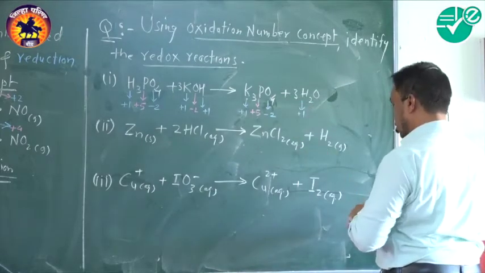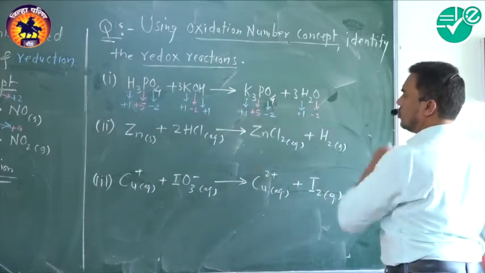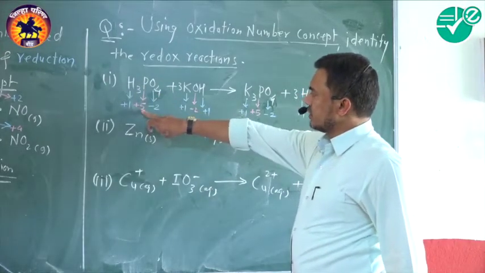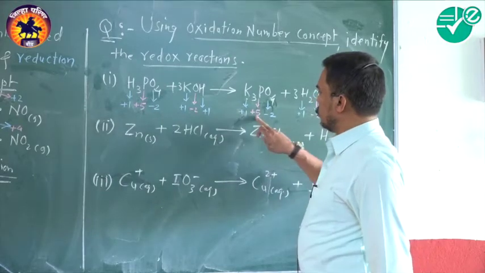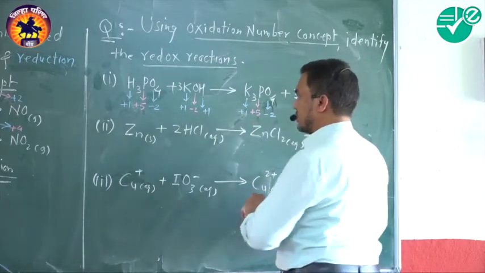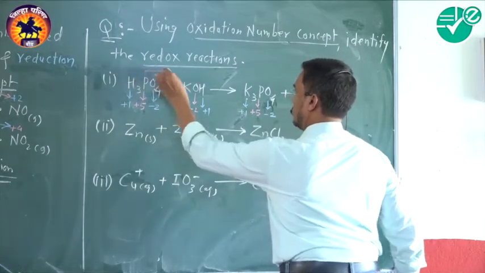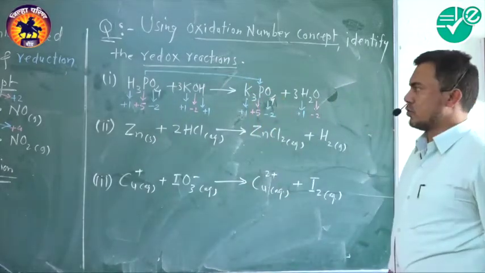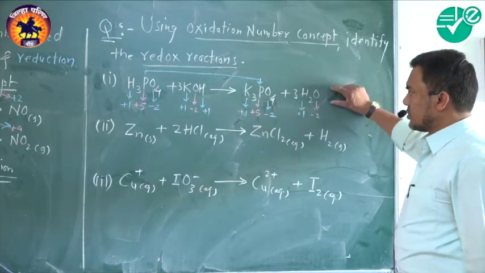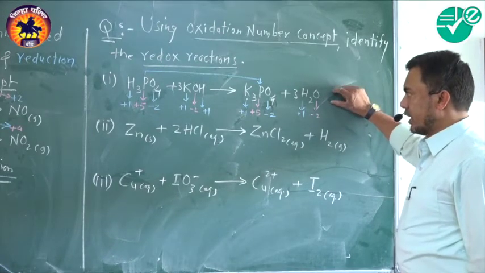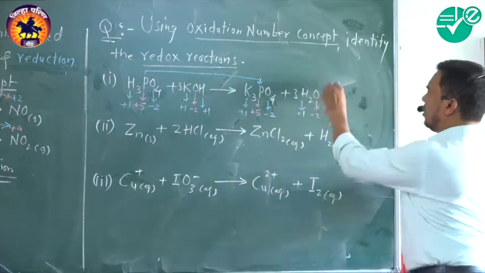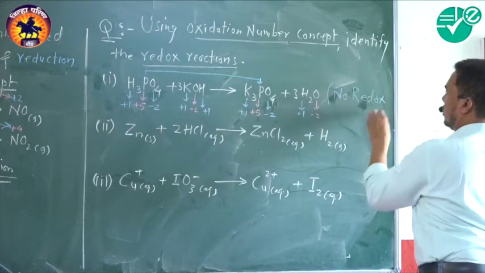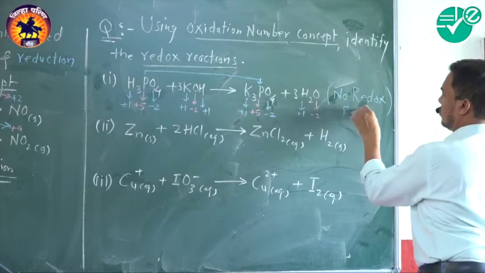Therefore, look at the oxidation state changes from +5 to +5 for phosphorus, so there is no loss or gain of electrons. Hence, such a reaction or process is not a redox reaction. So it is not a redox reaction.